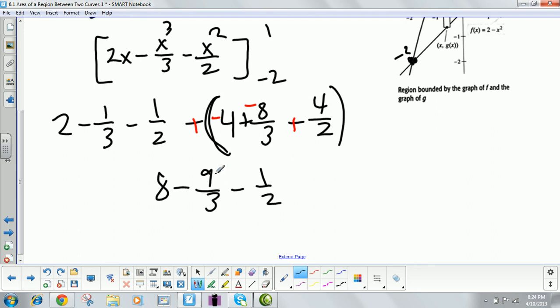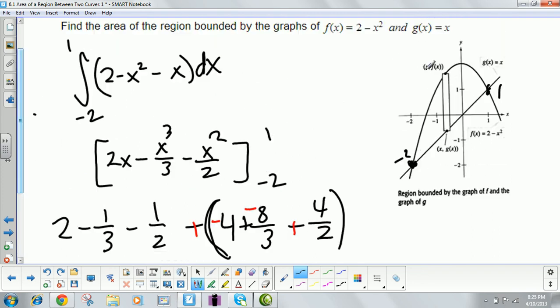Okay, so this becomes 3. So 8 minus 3 minus 1/2 is 4 and 1/2. Okay, so then that would be the area trapped between these two curves. If I beautifully draw this in, that would be the exact area trapped between those curves.